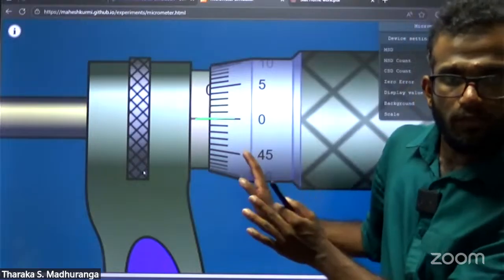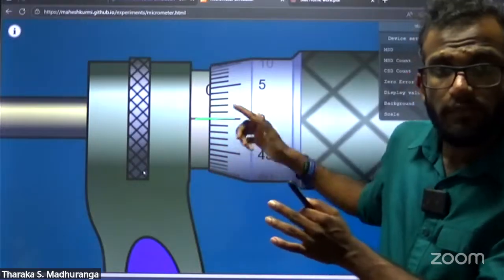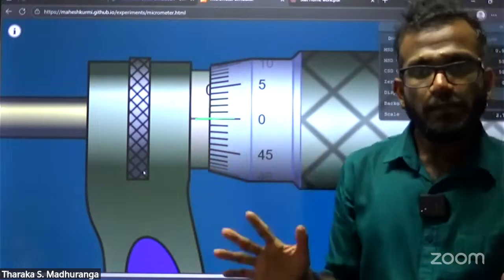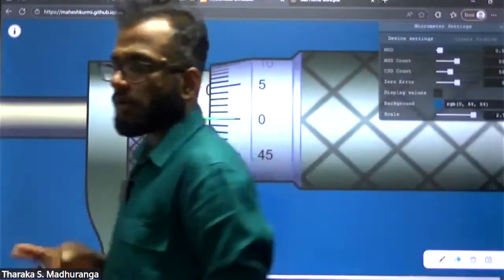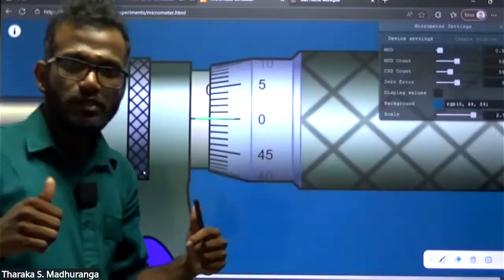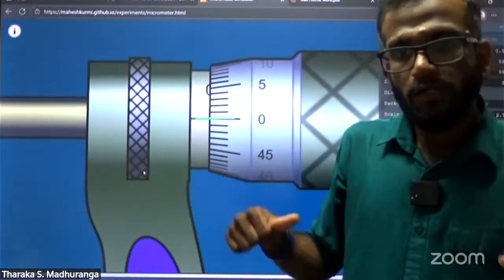This type of instrument doesn't have any zero error.